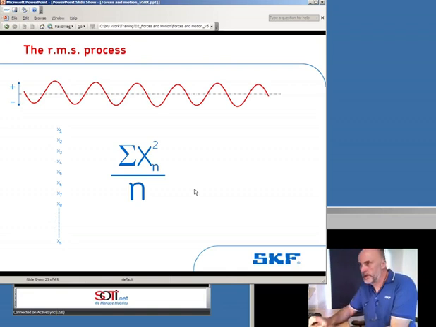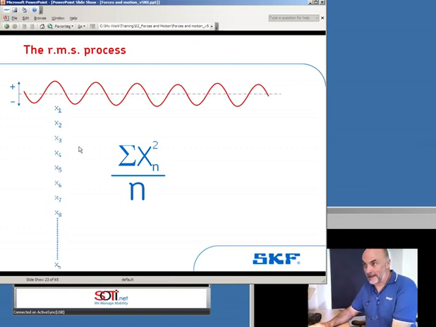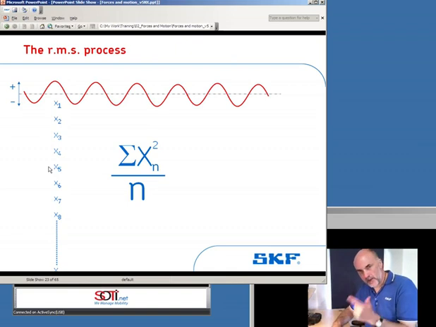This is slightly flawed as well, because when you square a number, you make the numbers bigger. Oh dear. So squaring is a good thing, and it's also a bad thing because we've made them bigger. I've said that -1 times -1 is +1. Great, we've got rid of the negativity. But -2 times -2 is +4. Oh, it's bigger than it originally was.